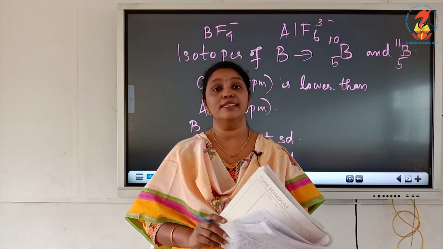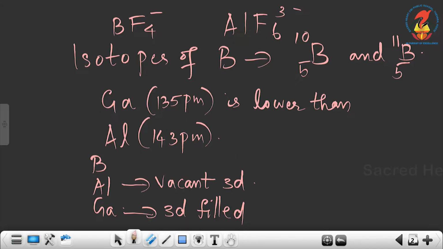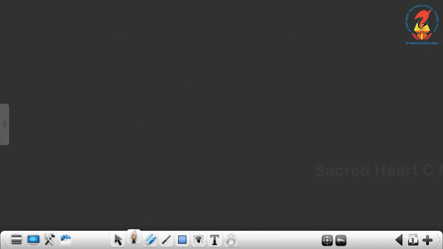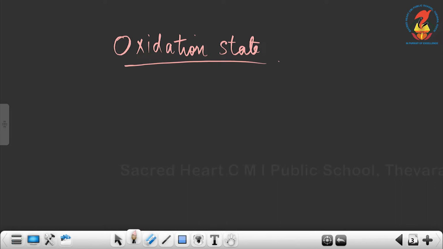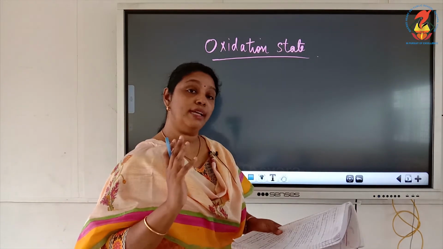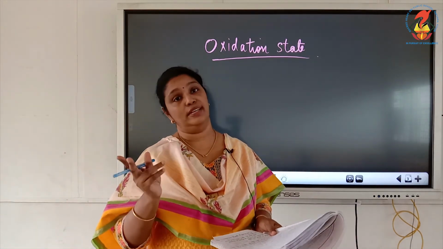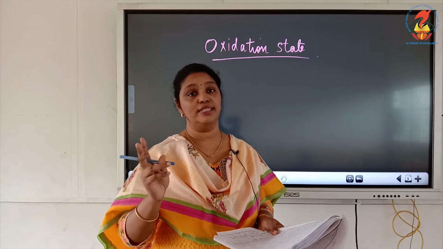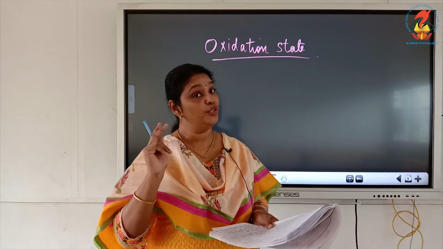Now next let us discuss the oxidation states. So next is oxidation state. Now the common oxidation state. Now the p block elements can exhibit two oxidation states, and the two oxidation states differ by a unit of 2.